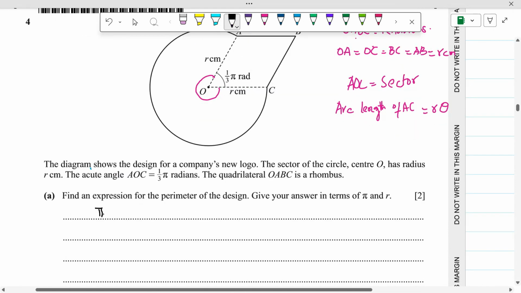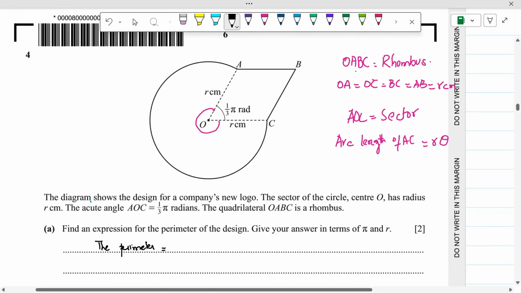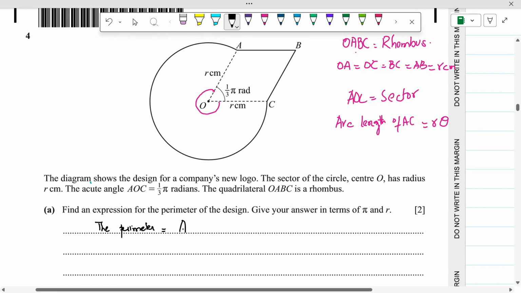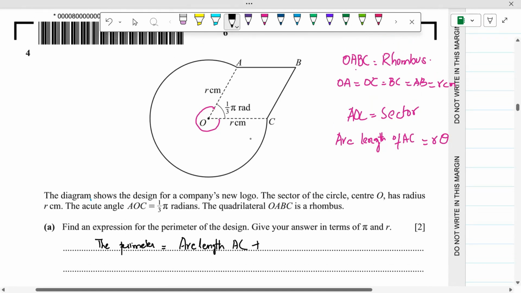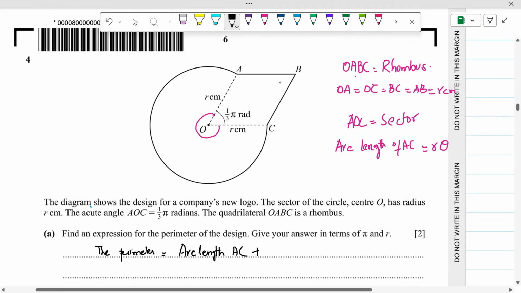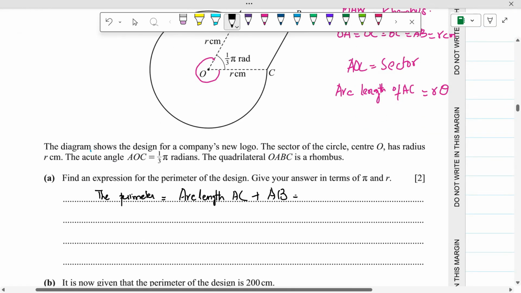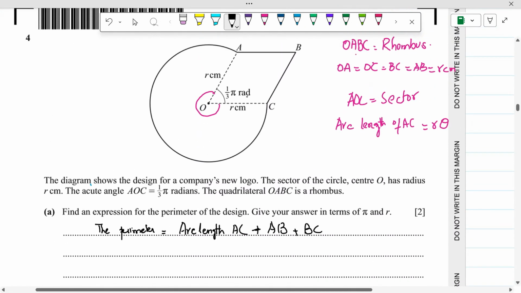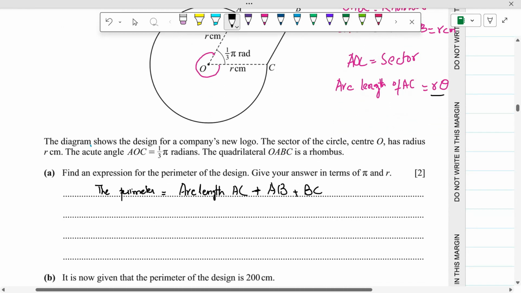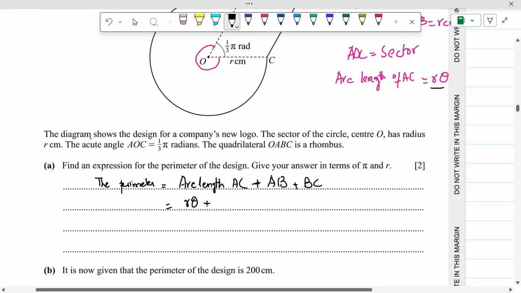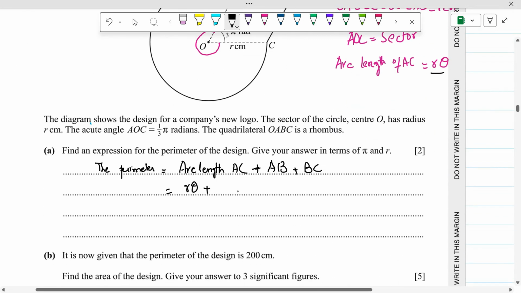So the perimeter is arc length AC plus rhombus sides AB plus BC. This is the perimeter of the logo, and we know that the arc length can be found by using the formula r theta, plus AB, which is the radius r centimeters, plus BC, which is the radius r centimeters.